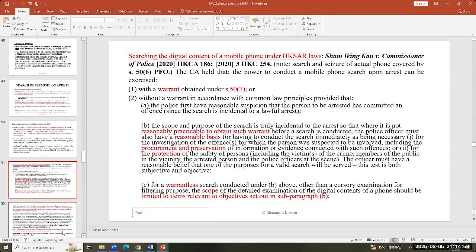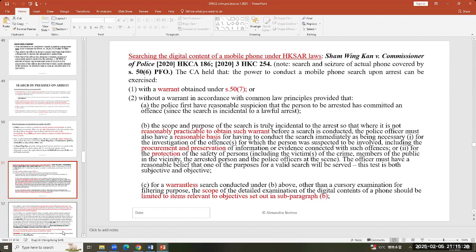So what they can do is a quick flick through of the contents of the phone, but if they want to do a more detailed search, then it has to be restricted to these objectives. Now, it all sounds great in theory, doesn't it? But do you think that the defendant has the power to sit over the police officer watching him while he searches through his phone?